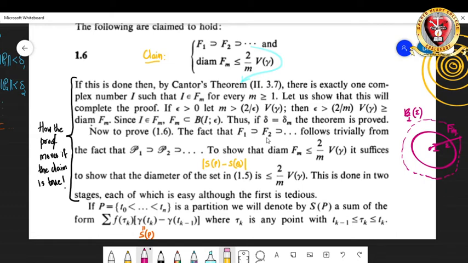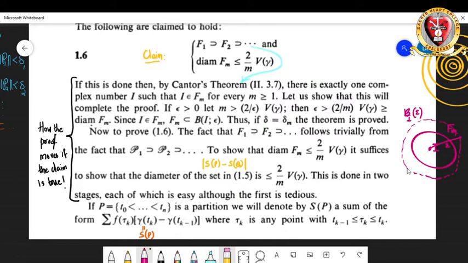So the first claim is very trivial. For proving the next one, we are going to take two points from this Fm and take their modulus, and we say that those two arbitrary points will have a modulus less than or equal to 2 by m into v of gamma.